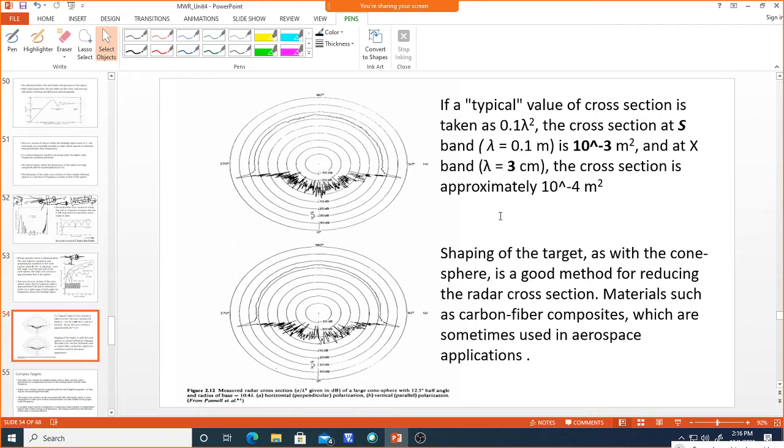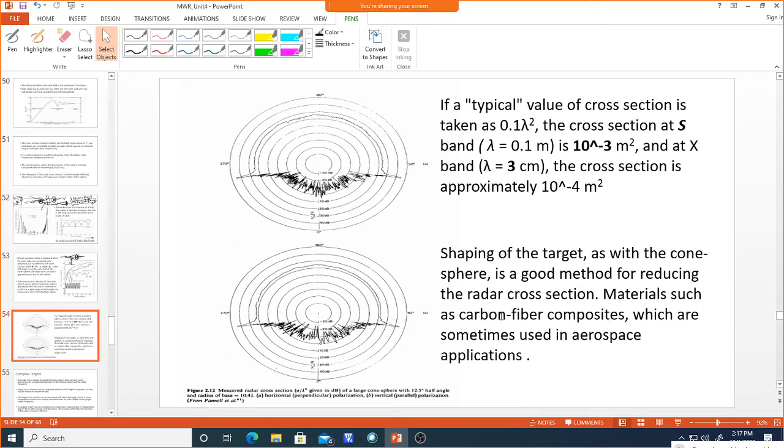Or even you can put some materials on top of the target so that the energy will be absorbed, or the energy will be reflected in some other direction, so that the RCS is going to reduce. One such type of material is called carbon fiber composites.